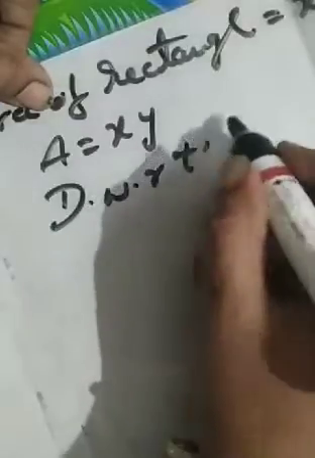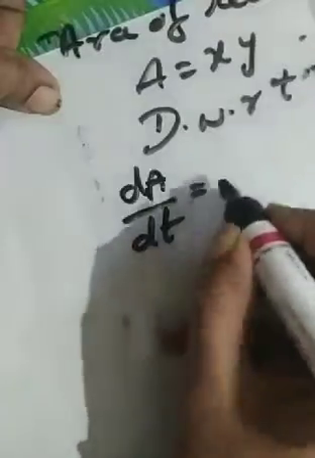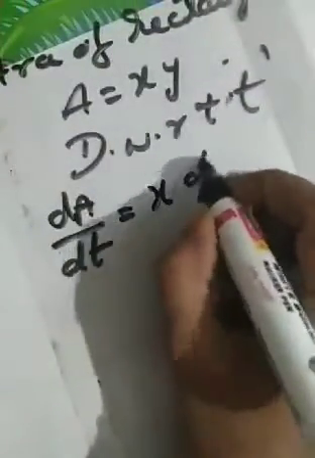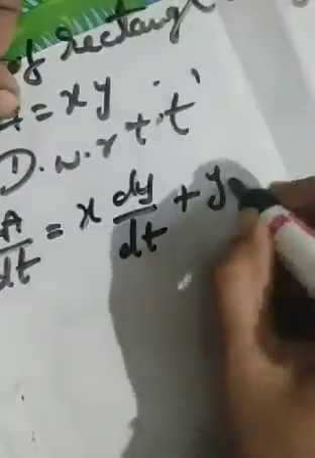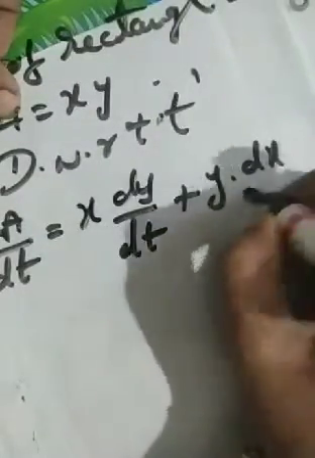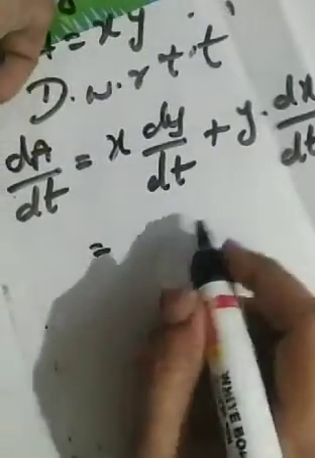Differentiate it with respect to t. dA by dt is equal to x into dy by dt plus y into dx by dt, I am using the product rule. What is the x value?